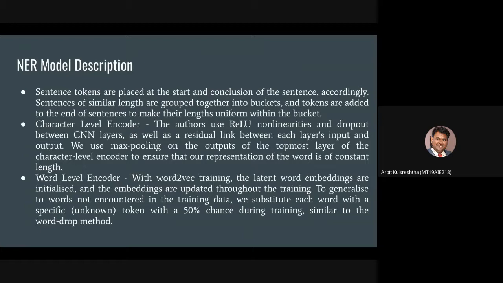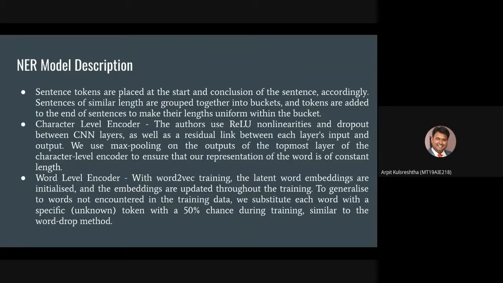First, we need to understand that tokens are placed at the start and at the end of a sentence. Accordingly, sentences of similar length can be grouped into similar buckets, and padding tokens can be added to make their lengths uniform, because in NER, length is really important: large sentences take a lot of time and may cause problems.